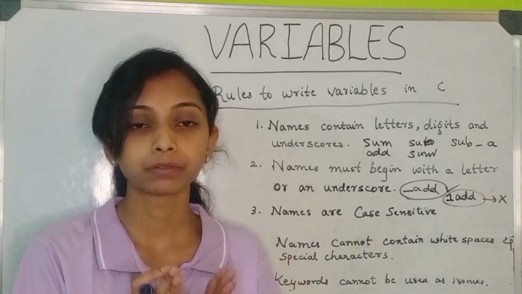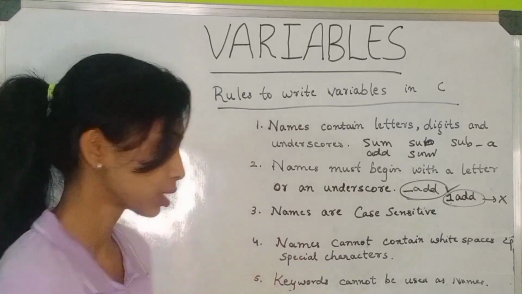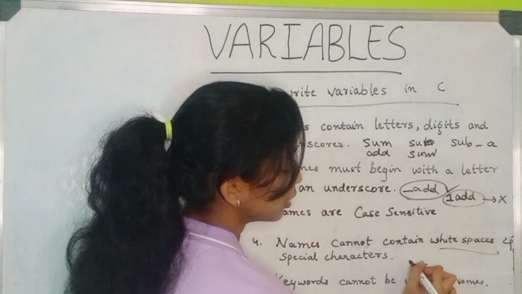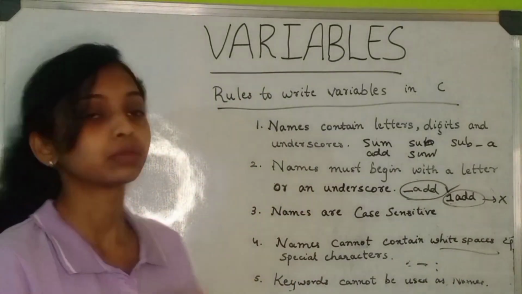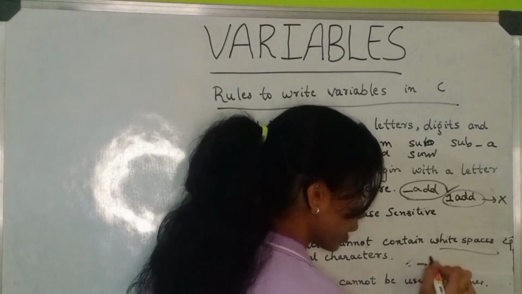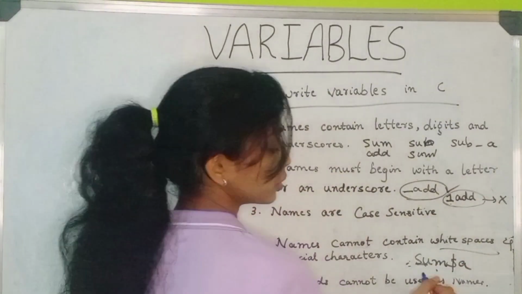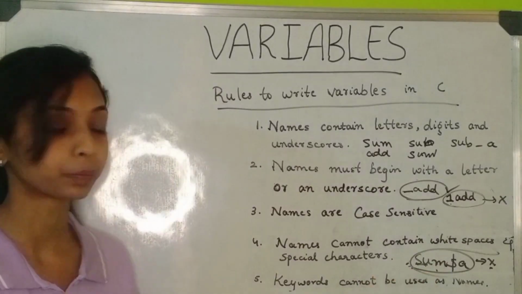You cannot have a space between two letters or two words. For example, you cannot use $A. This variable is invalid and will not be supported.